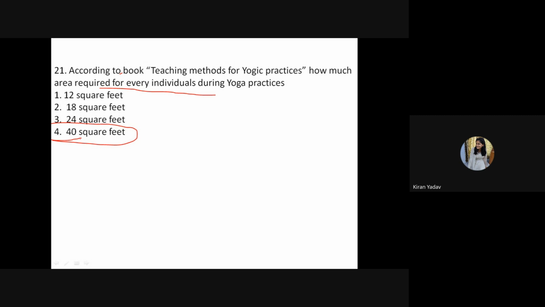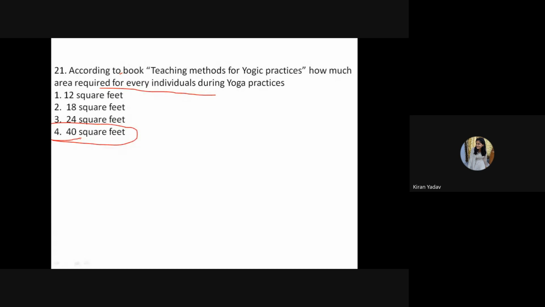Directed practice method, anyone? Where the teacher asks students to practice after the demonstration. Yes. Remember this word: assignment for extra practice. Whether it is out of the class, there is extra practice that students are doing.